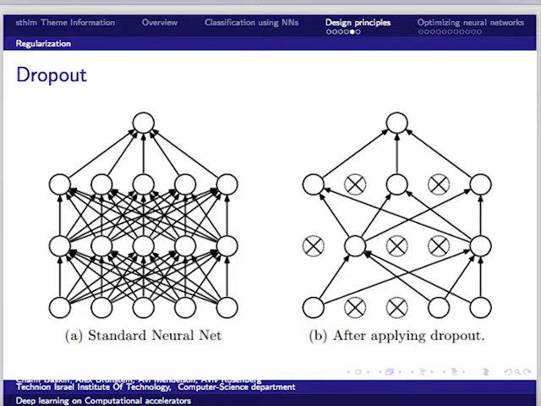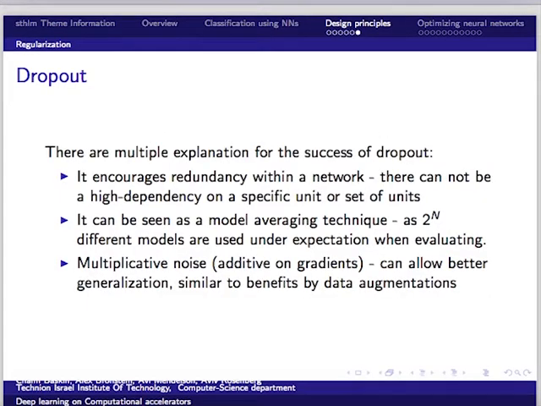Great. So this is dropout. We talked about it, but there are multiple explanations of the success of dropout. It encourages redundancy within a neural network and reduces the dependency of a specific unit on previous units.